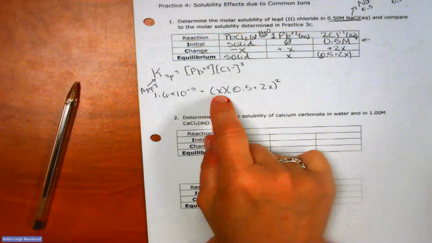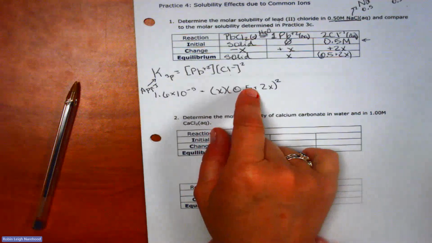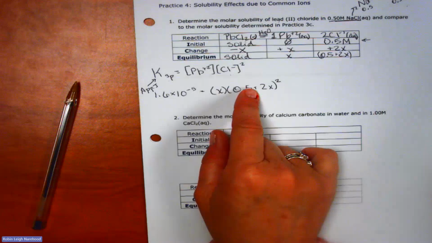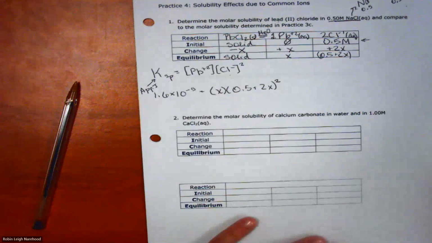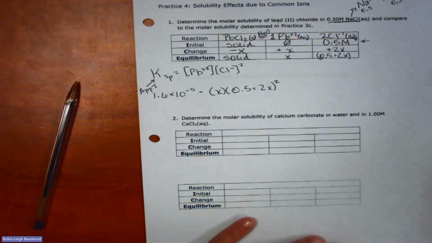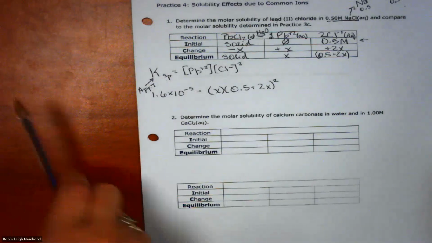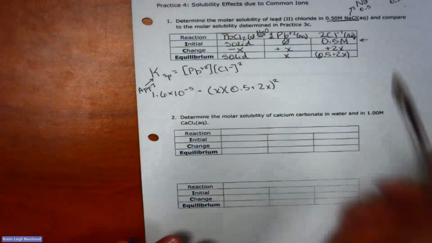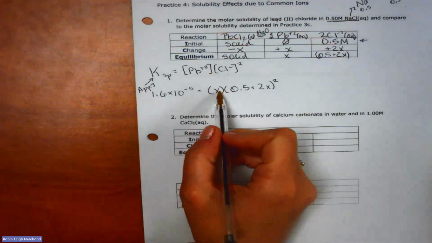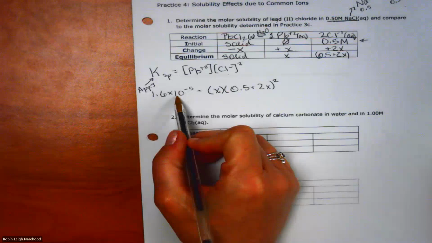Then you're going to distribute that in here, which will give you an X. You'll have a number, an X squared, and an X cubed. The math is just going to keep going. But we know that the value of X is going to be dependent on this number here.